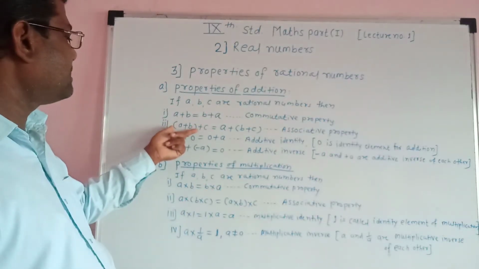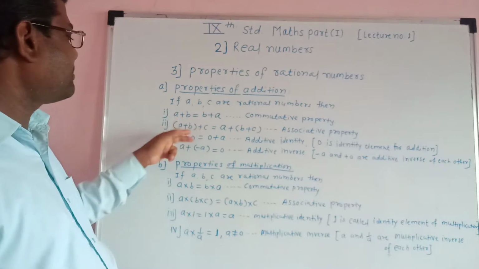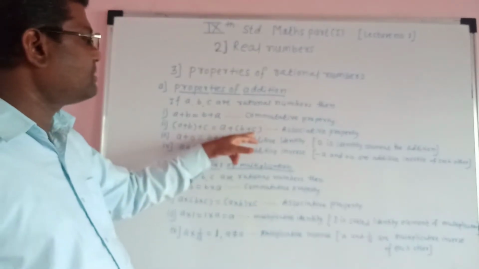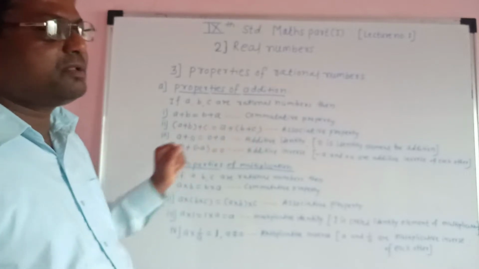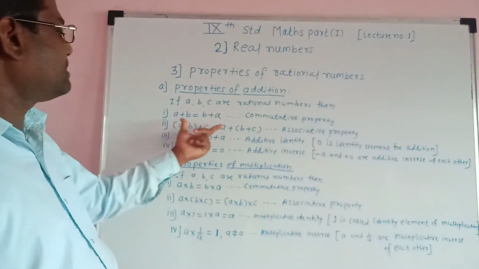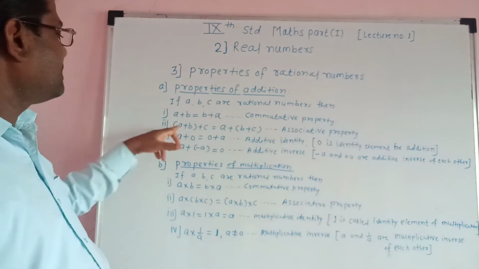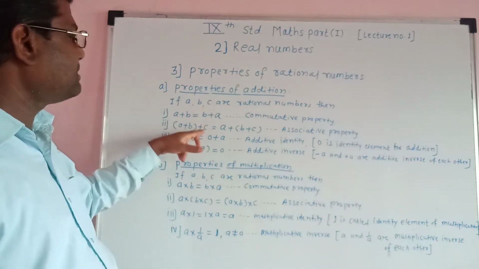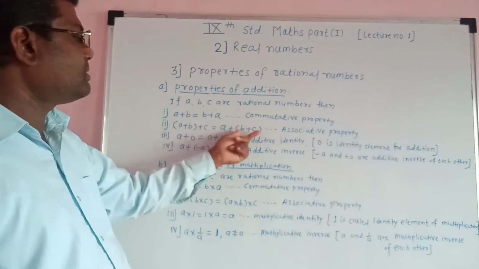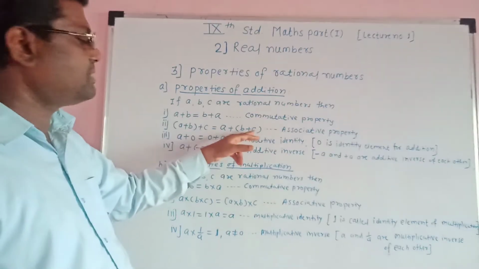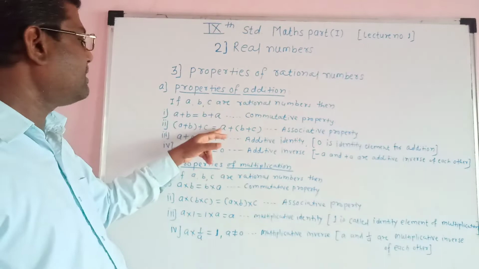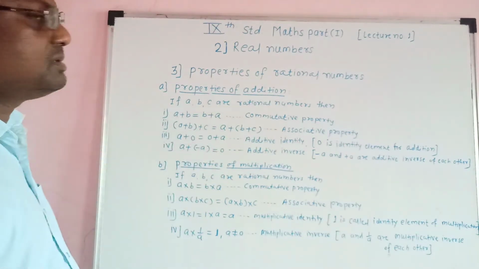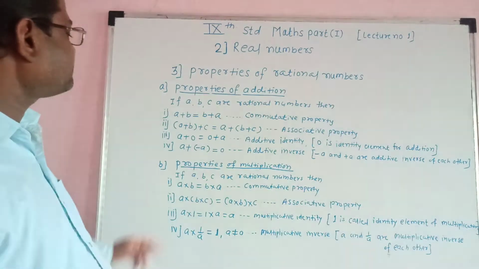Here we put the bracket on the first two rational numbers, and here we put the bracket on the second and third. So we interchange the brackets: we first add a plus b and then add c to it, and here we first add b plus c and then add a to it. This is called the associative property.